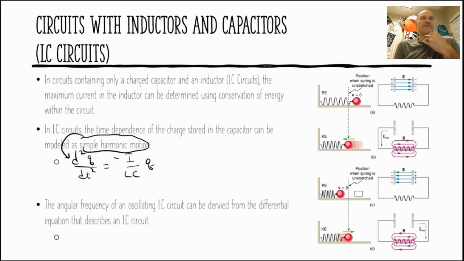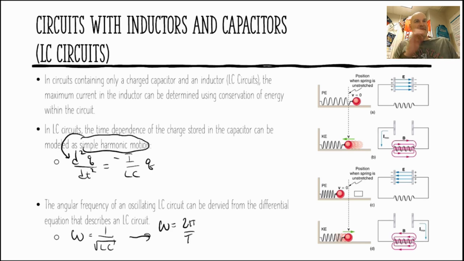The angular frequency of an oscillating LC circuit can be derived from the differential equation above, and you end up with omega equals 1 over root LC, which leads us to the period equation, because omega is 2 pi over T.